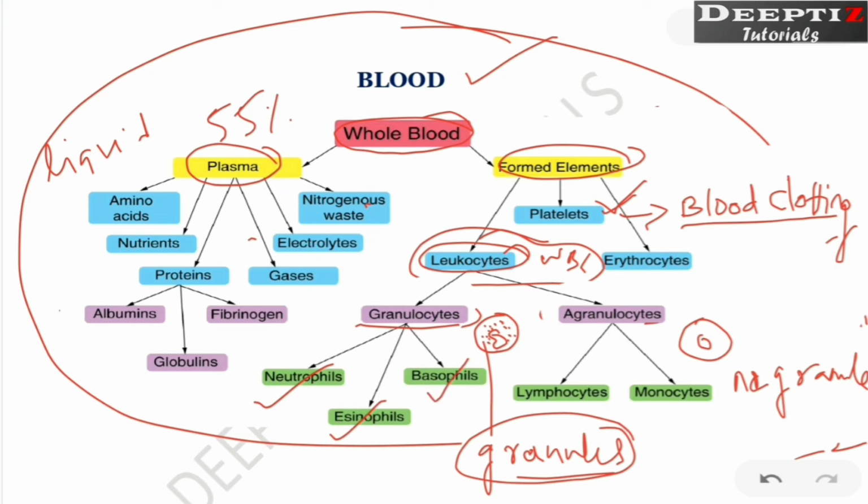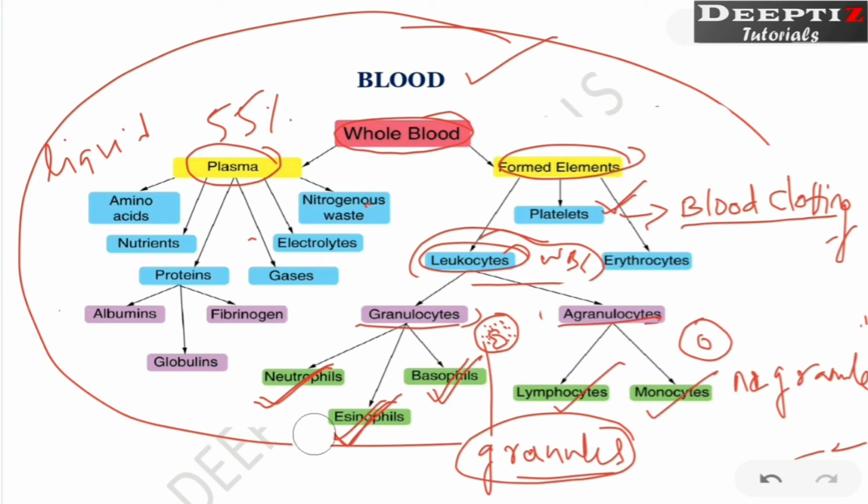Someone is allergic to a dust particle and keeps sneezing. Why do we sneeze? Actually, we are throwing out this unwanted material which has entered into our respiratory tract, right? In such a situation, this eosinophil works, right? So you need not worry about these neutrophil, eosinophil, basophil. The agranulocytes are divided into lymphocytes and monocytes.